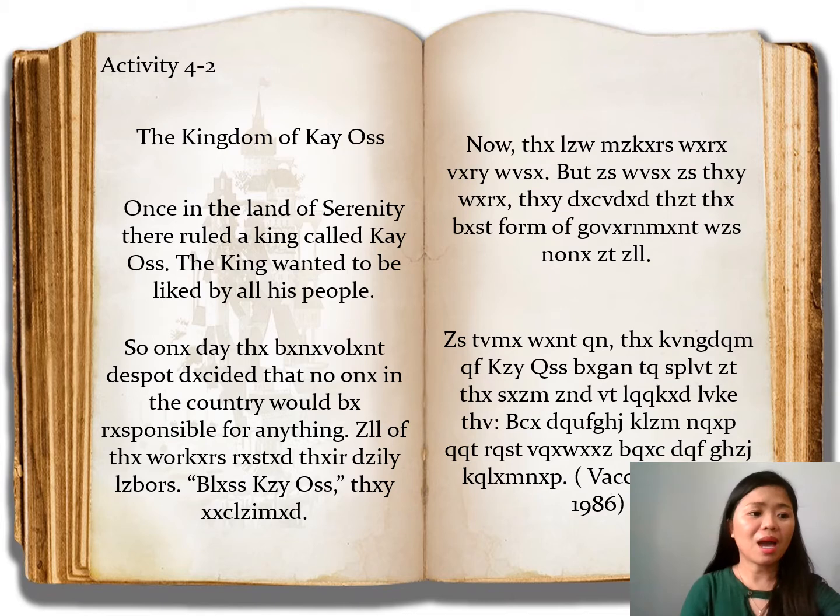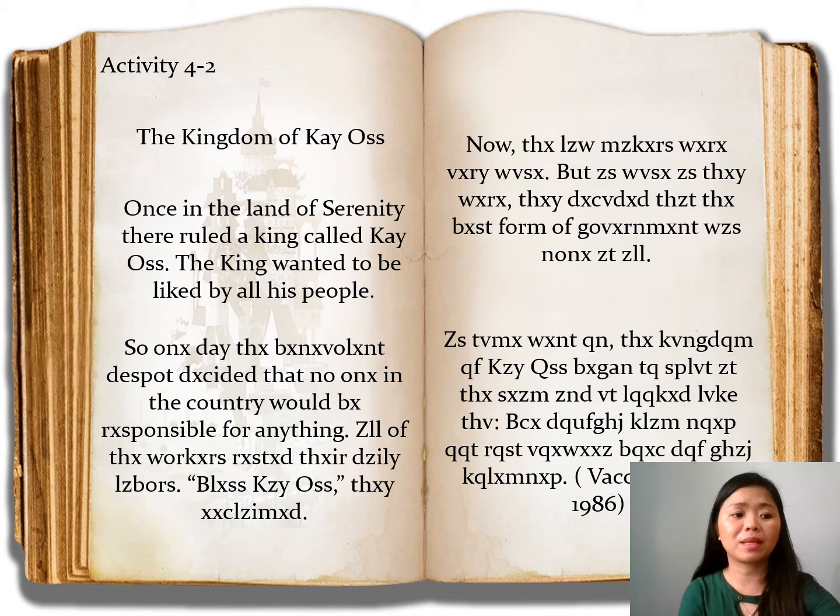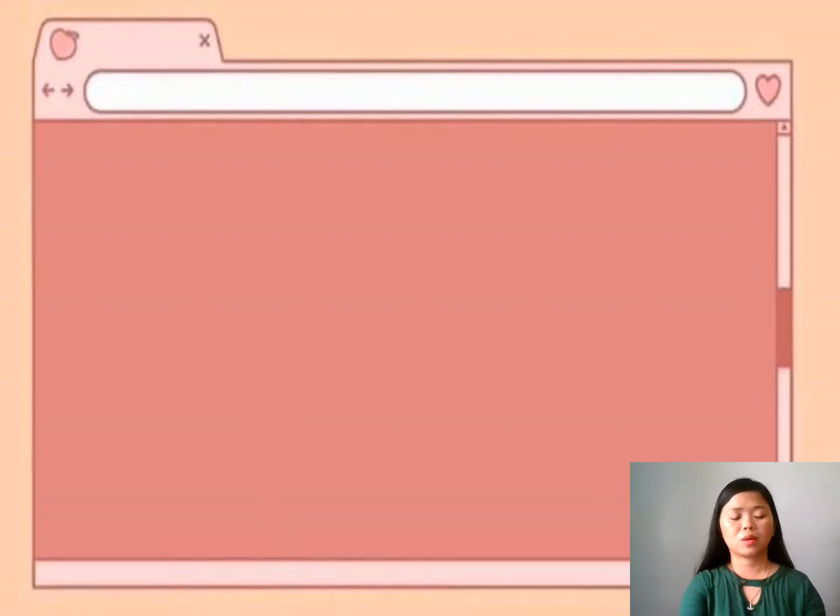Okay, as we read the passage, we were slowed down a bit by the gradual substitution of other letters for the vowel sounds, but I am sure you were able to make sense out of the passage. Okay, now let's answer the following questions.